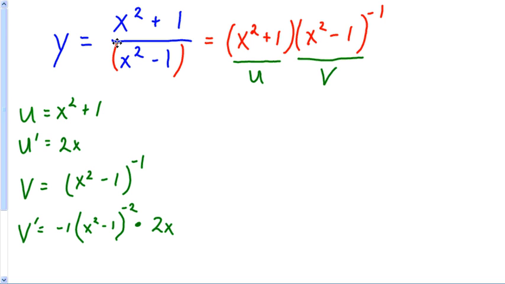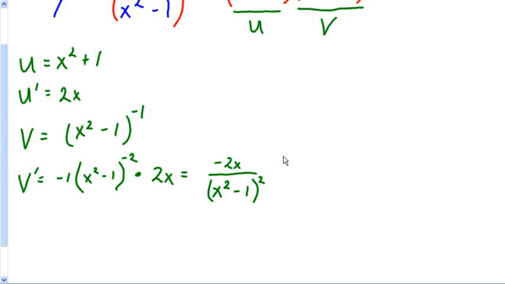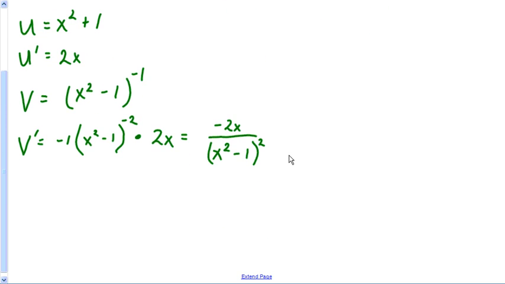Now let's clean this up and make it presentable. This looks like negative 2x over x squared minus 1 squared. We've done this, so let's apply our product rule at this point.